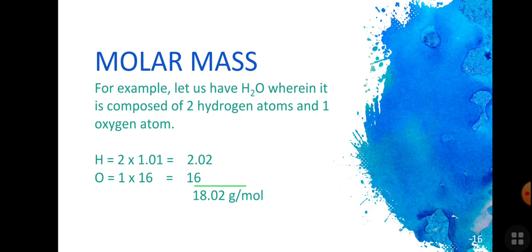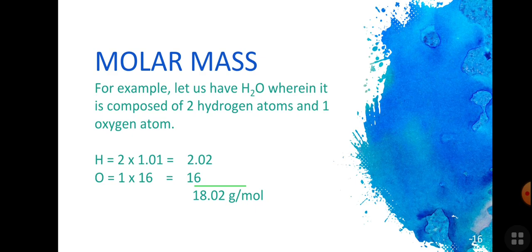So that's H2O. Again, 2 hydrogen atoms and 1 oxygen atom. So we have to compute separately muna yung molar mass ng bawat element. So H, or hydrogen, we have 2 atoms multiplied by its molar mass, which is 1.01 gram per mole.